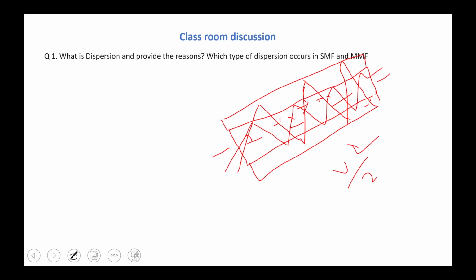That's why we use the ray picture. Ultimately, we will be solving Maxwell's equations, and modes we introduced last week. But you don't need the full vectorial Maxwell's equation complexity. If the ray picture does the job, why go for more complexity?